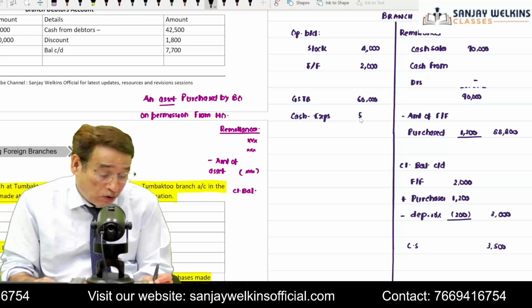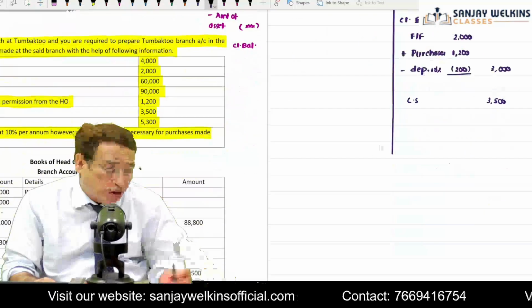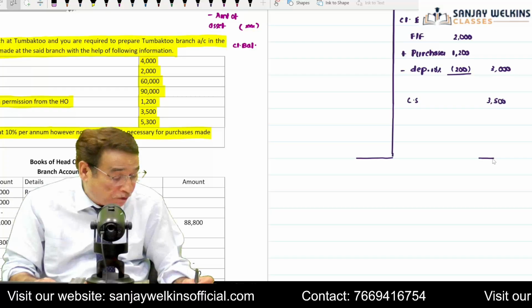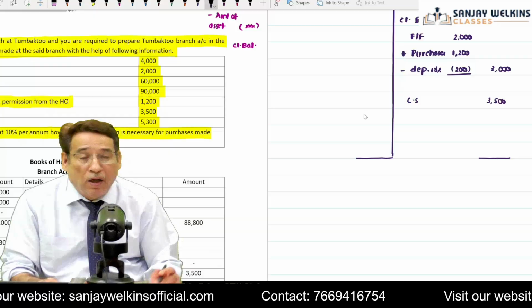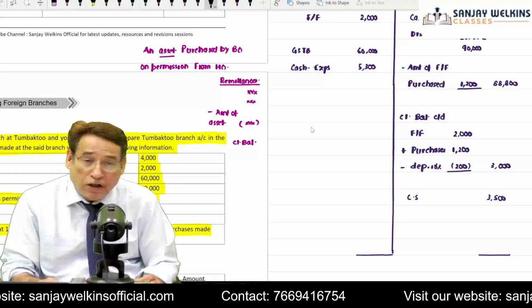So this is how you are going to do this particular question. In this particular question, there was no opening balance of debtors, no closing balance of debtors. So it is implied that no credit transactions are being carried out by branch.